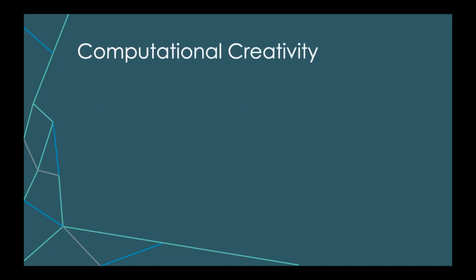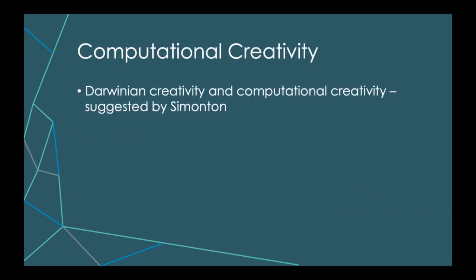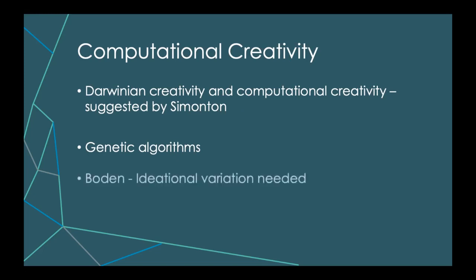So in terms of applying this to computational creativity, Darwinian creativity was proposed as a potential model for computational creativity by Simonton. Of course, lots of researchers have used evolutionary algorithms, genetic algorithms to produce art and that kind of thing. But those are not really what I'm talking about here. I'm talking about whether we could apply this as a tool for evaluation, so not explicitly designed algorithms following an evolutionary model.